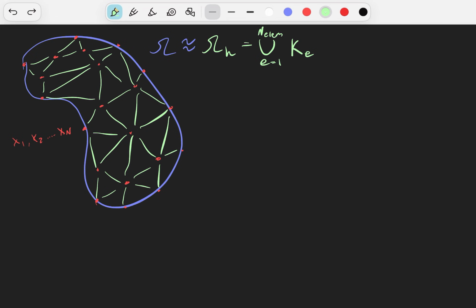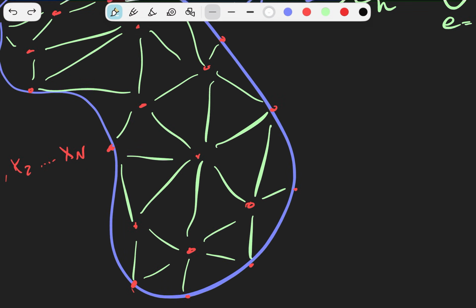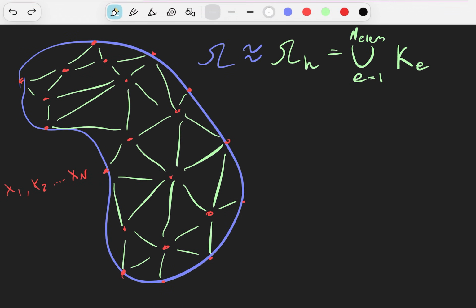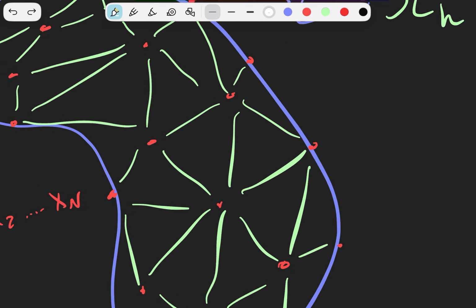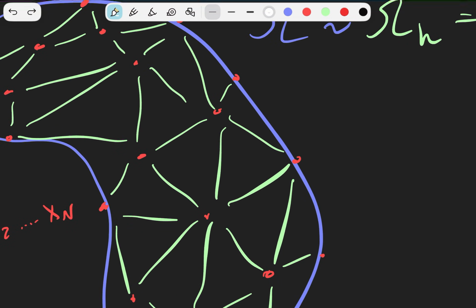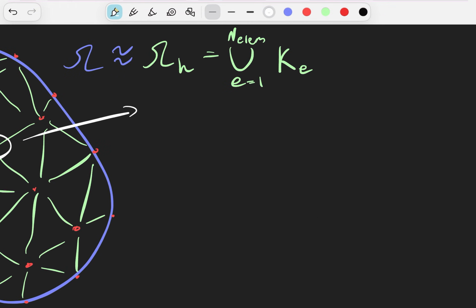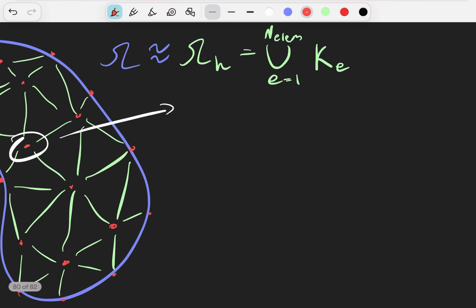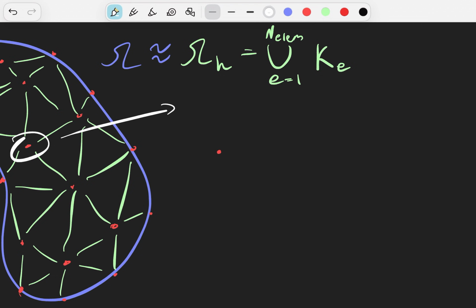And again, we were trying to make this a nice problem for a computer, so let's invent something else, which is called the tent function. All the tent function is, we're going to try to make a basis that supports just the idea of bits. So let's choose this guy here, and what's going to happen is we can describe a particular node, let's say this is some x sub i.